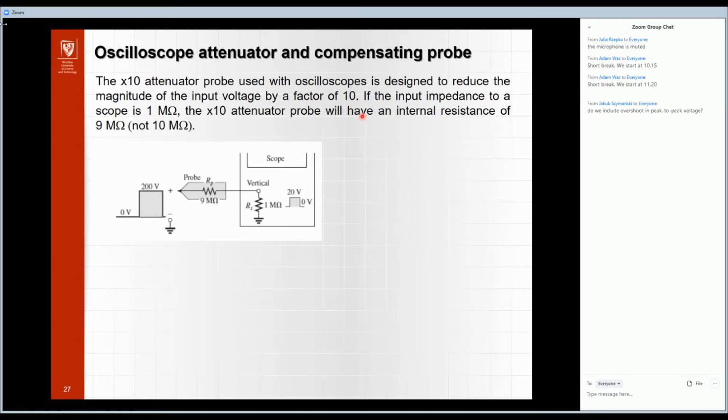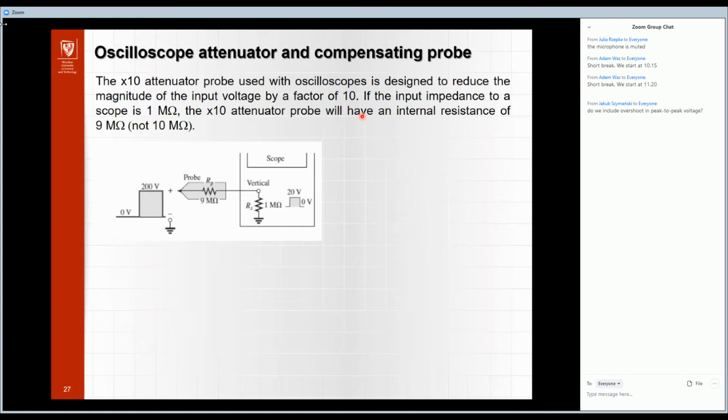Okay, but the maximum amplitude which we can measure by scope is limited. For example, it is limited to 20, maybe 50 volts. It is the maximum peak-to-peak value for the commonly used scopes, for typical scopes. But when we want to reduce the magnitude of the input voltage, we can use the small switch which is on the probe.